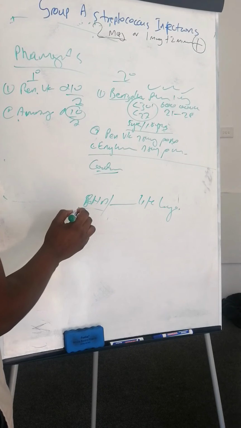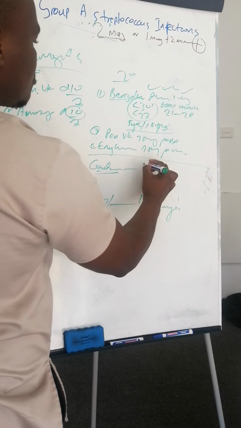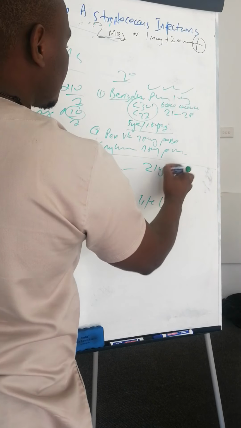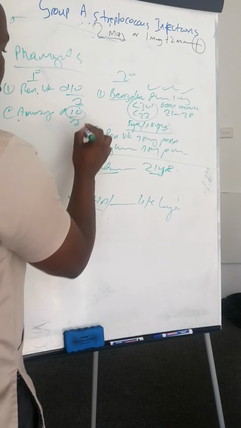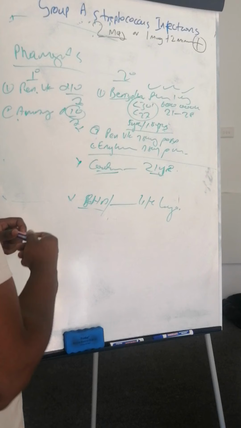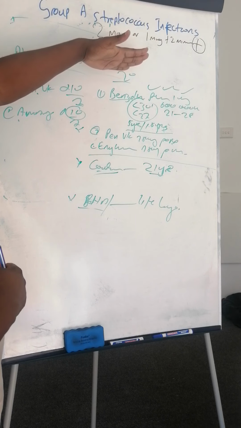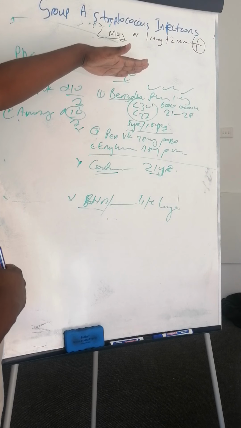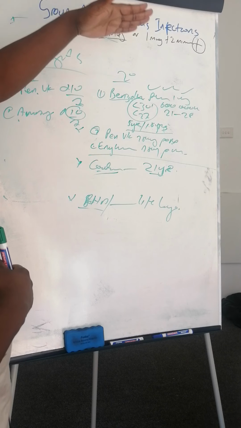With carditis, I think it's up to 21 years, but I'll confirm this, guys, ne? And I also need you guys to go and confirm these, but this is how it is. Secondary prevention, benzathine penicillin, 5 years or 18 years duration.